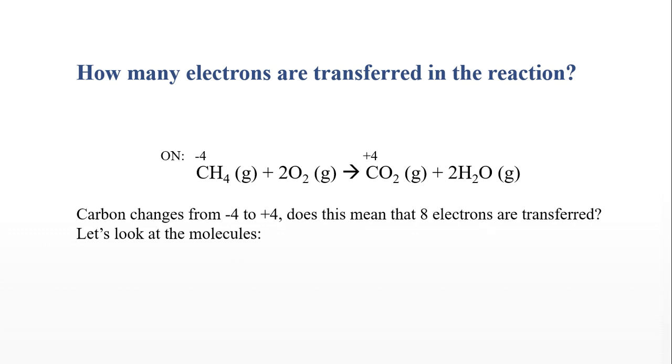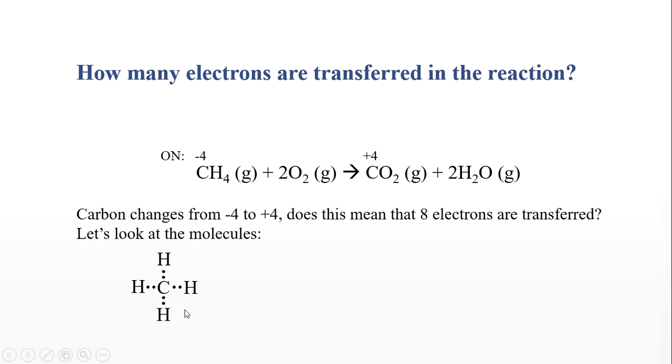When we looked at the metals and non-metals reacting before, we had an equal number of electrons as the change in charge. So when iron turned from iron to Fe2+, that corresponded to losing 2 electrons, right? Does this follow the same principle? Let's draw the Lewis structures of methane and carbon dioxide and see what we have.